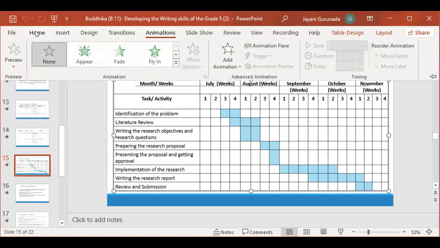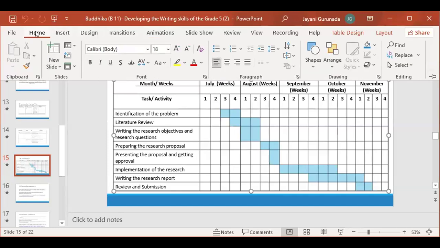You can find it in Home, and you have to fill this with colors. That is how you show the identification of the problem: the 3rd and 4th week of July. Literature review: the 4th week of July and the 1st and 2nd week of August. Like that, you have to color them to show when you did that. Right? Like this.